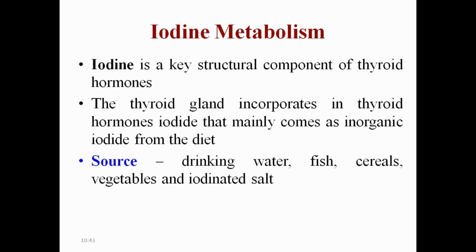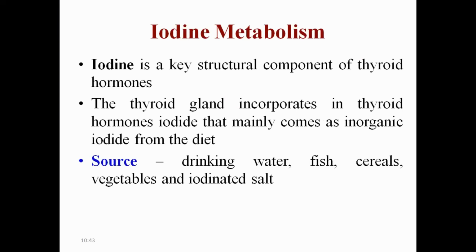So now, iodine metabolism. Another substrate which is necessary for the synthesis of thyroid hormone is iodine. This iodine is a key structural component of thyroid hormone. The thyroid gland incorporates into thyroid hormones the iodide that mainly comes as inorganic iodide from the diet.